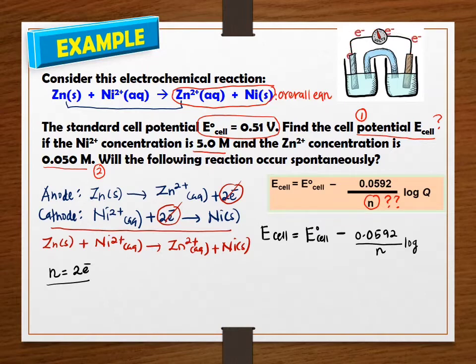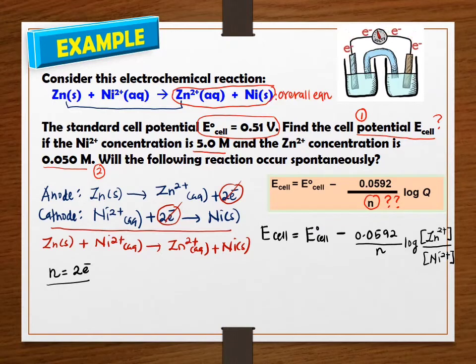Kita apply concept chapter 6 last semester. So here for the product side, so yang akan terlibat adalah zinc 2 plus aqueous. So dia punya coefficient adalah 1 mole. So dia akan jadi Zn 2 plus power of 1 divide by concentration of nickel 2 plus power of 1 also. So zinc solid will not involve here. Why? Because solid phase kan, tidak akan terlibat dekat sini.